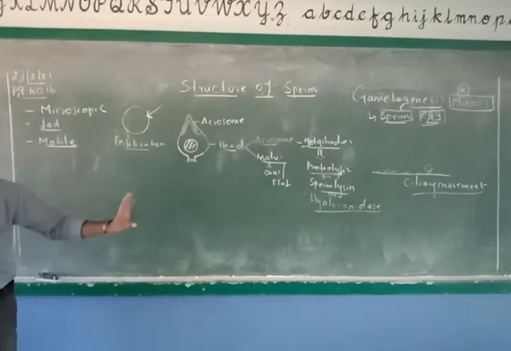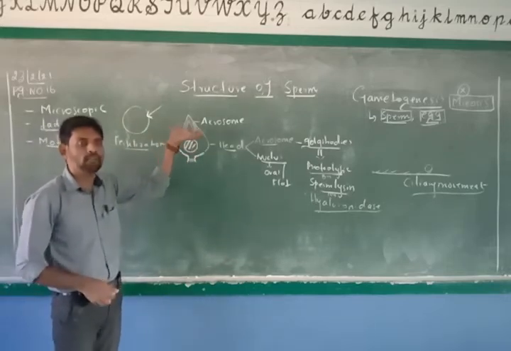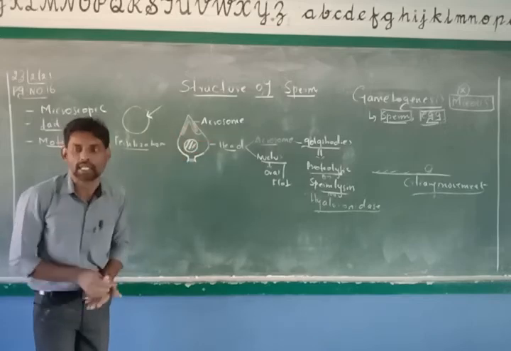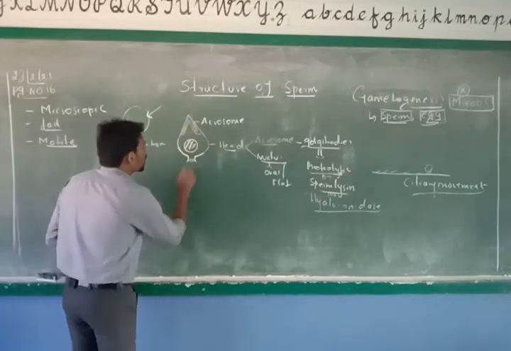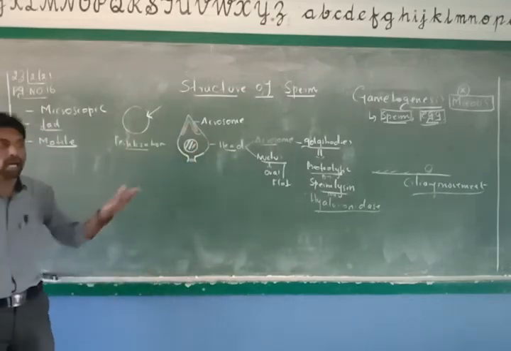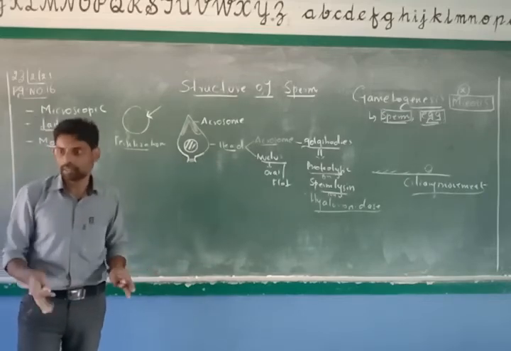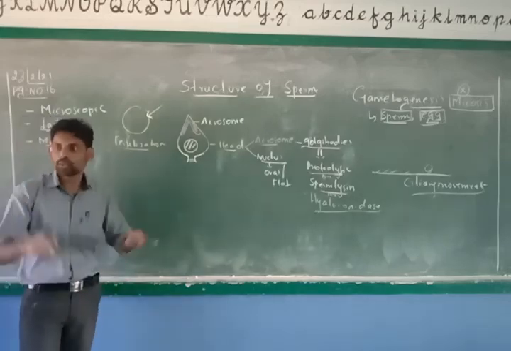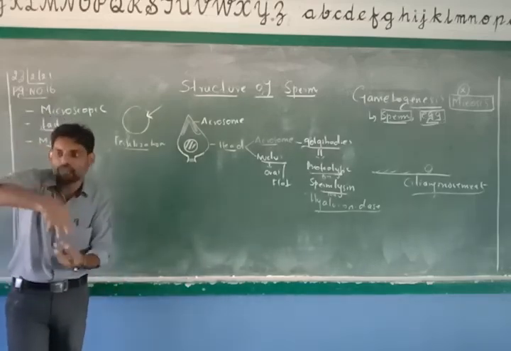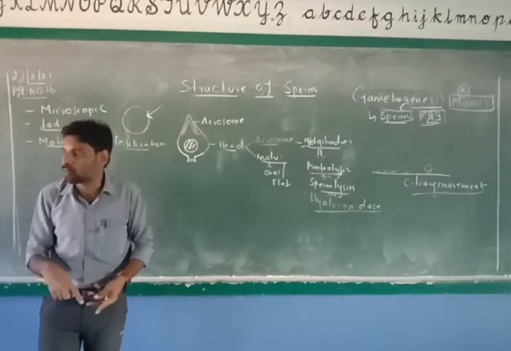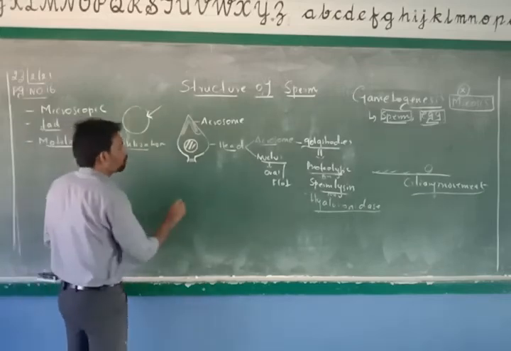By seeing the centriole, you can determine where the nucleus is located in the cell. This centriole is also involved in the cell cycle. You studied last year in botany, 11th standard, the cell cycle. The centrioles are formed, all the chromatin fibers, spindle fibers are formed here. So the centrioles are very much important.